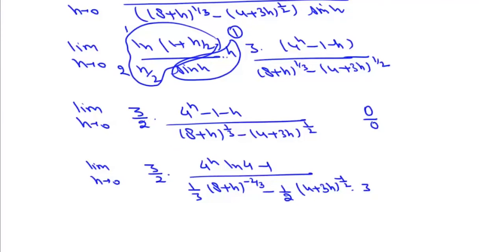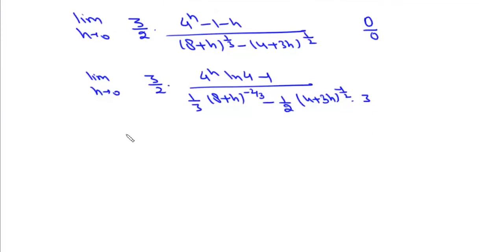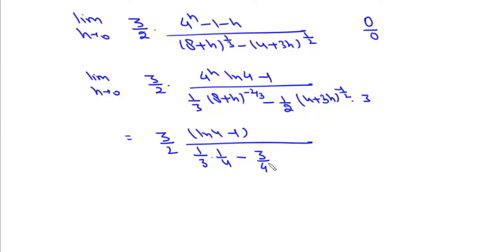Now we'll put h as 0. Now if we put h as 0, we'll get this as 3 by 2 into (log 4 − 1) upon, here it will be 1 by 3, and then 8 to the power minus 2 by 3, which is 1 by 4, minus 4 to the power minus 1 by 2, so it will be 3 by 4.